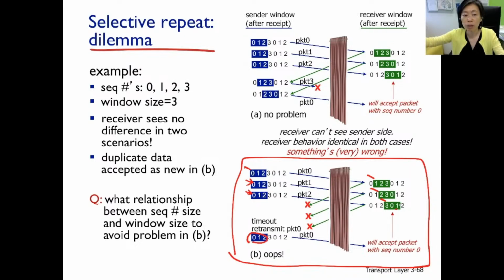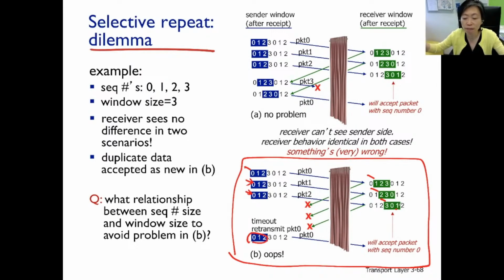If you want to make sure that none of the packets still in the sending window will be confused with the packets in the receiving window, what do you need to do? Isn't it obvious? The sequence number, make sure that the space is larger than 2 window sizes, right? Then, hey, packet sequence 1 will never appear again in the next window, in the receiver's window, right?